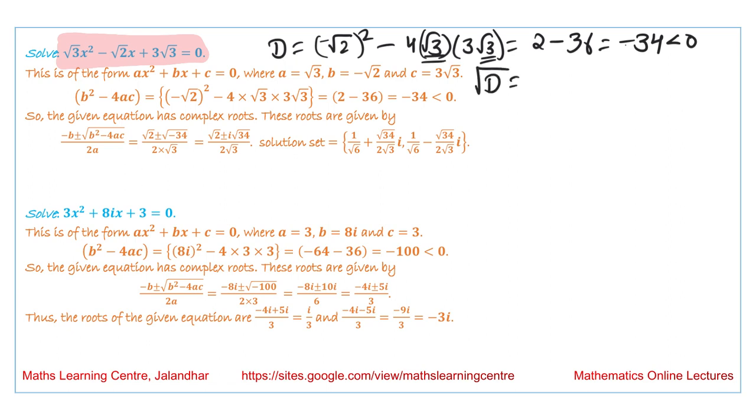The value of the square root of d will be the square root of −34, that is equal to iota √34.